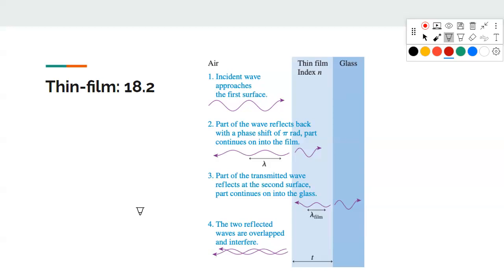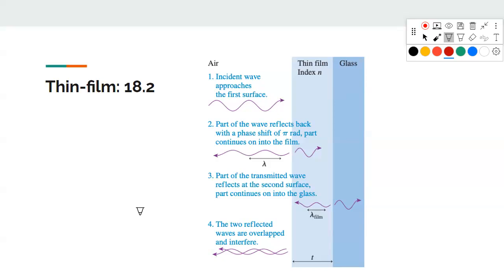The wave is, let's say, in the air on the left, and it's approaching this system. When the wave hits the edge of the thin film, part of it will go through and part of it will reflect. The thin film will tend to have a higher index of refraction than air, for example.